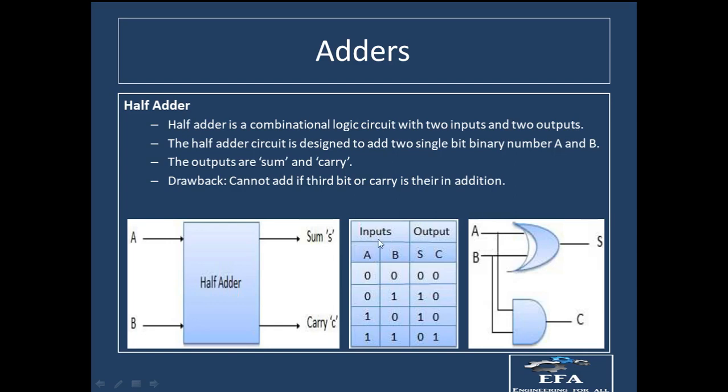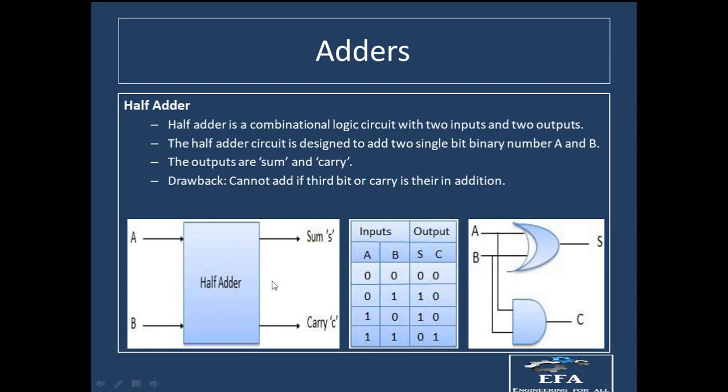You have inputs a and b, and when we add these two numbers, there will be two outputs, right? One will be sum and the second one will be carry. If we look at this block diagram, you can see that we have only two inputs, and two outputs, that is sum and carry.